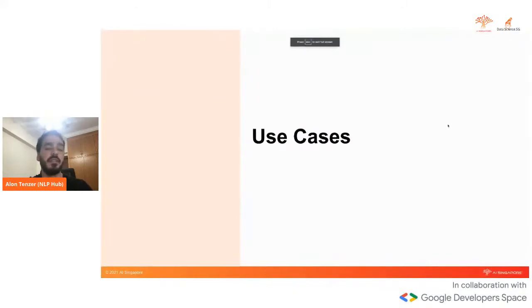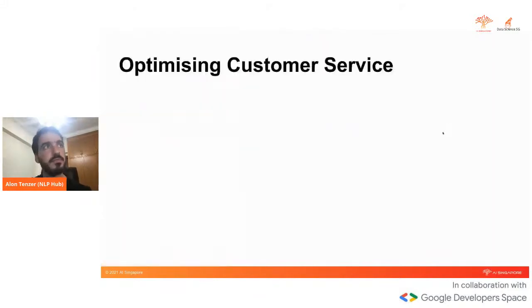Okay. And now I'll move into the use cases part, where I'll share 2 use cases on how we envision the product is being used. First is about optimizing customer service.